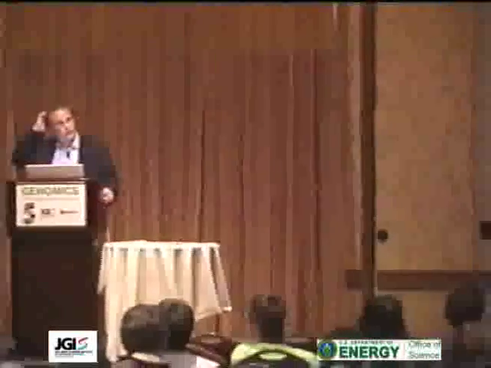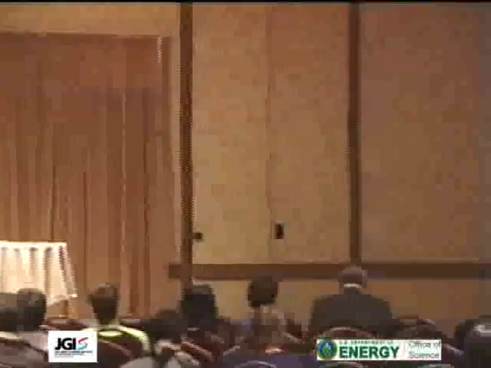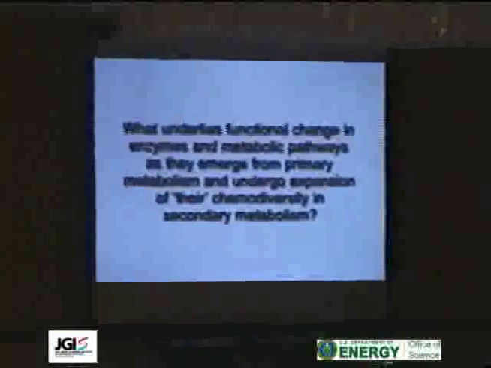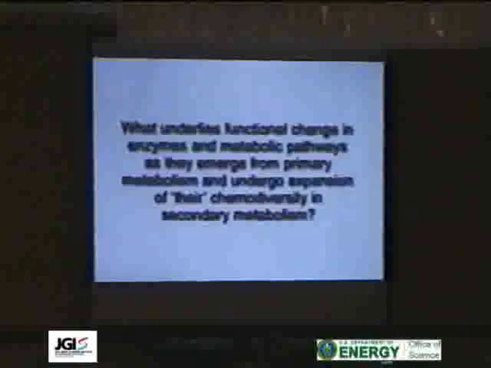The question that my lab has been engaged in over the years, and this really began when I was a graduate student, is: how do enzymes evolve? In particular, we've been focusing much of our efforts on what's known as secondary metabolism, although some people in the plant world liken it to specialized metabolism. They feel it's a bit of a better name.